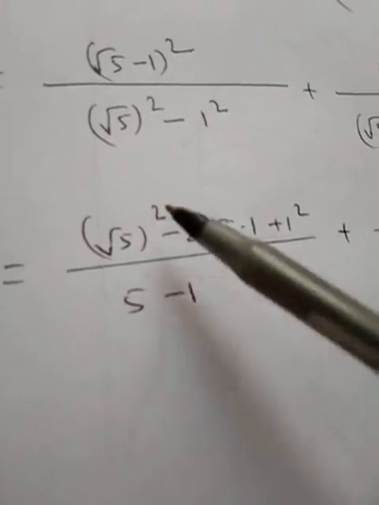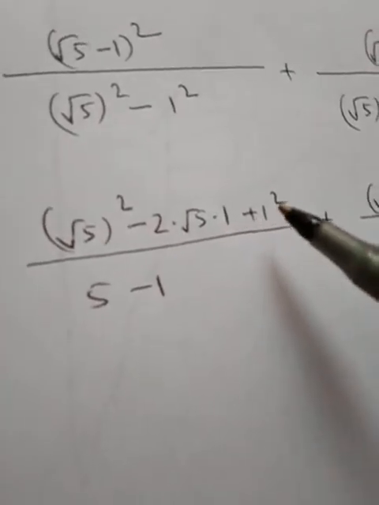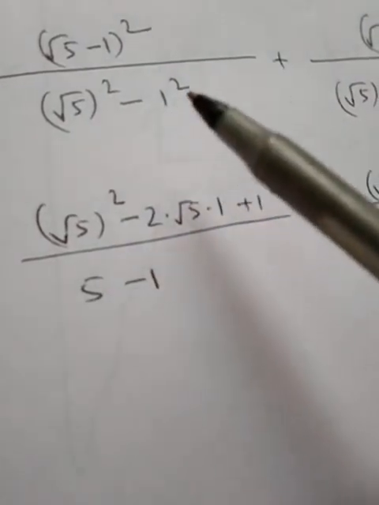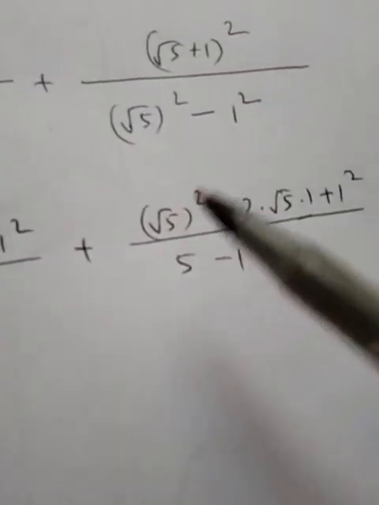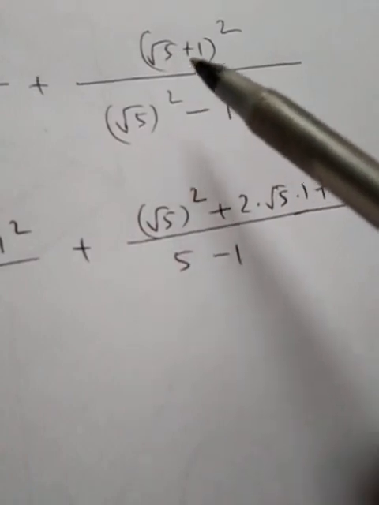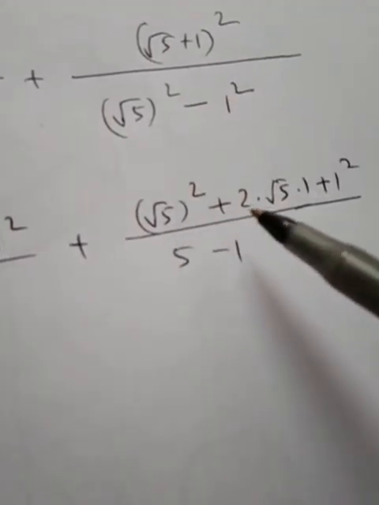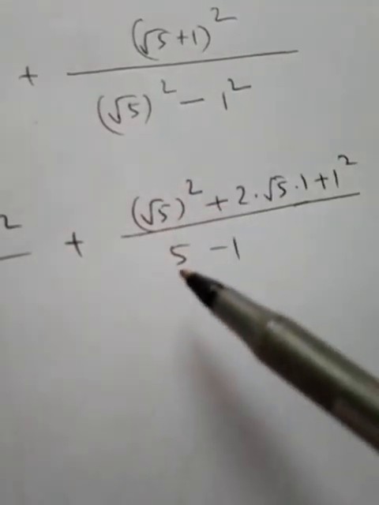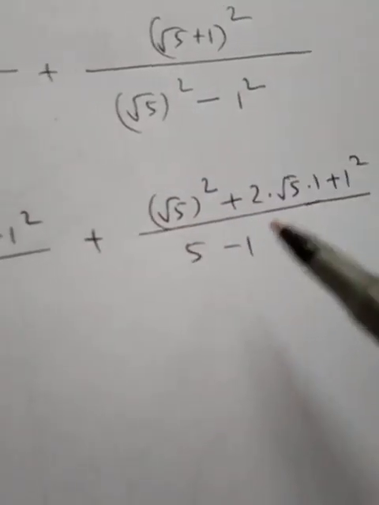So here we have written a square minus 2ab plus b square, below root 5 square, that means 5 minus 1 square is 1, plus here a plus b whole square, so a square plus 2ab plus b square, below root 5 square means 5 minus 1.